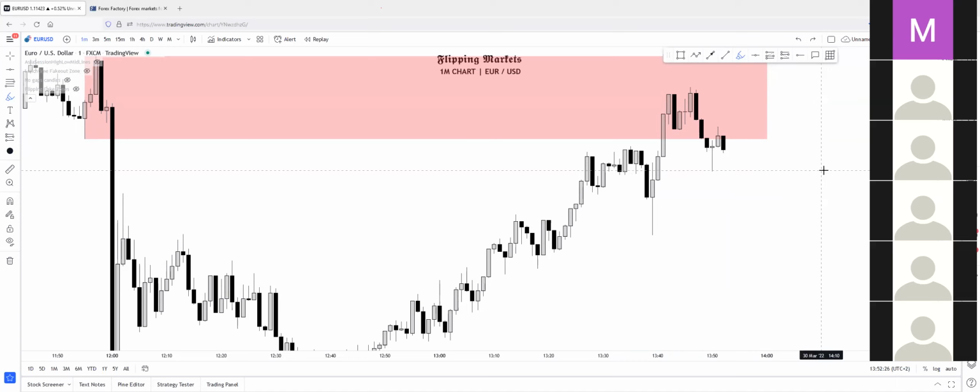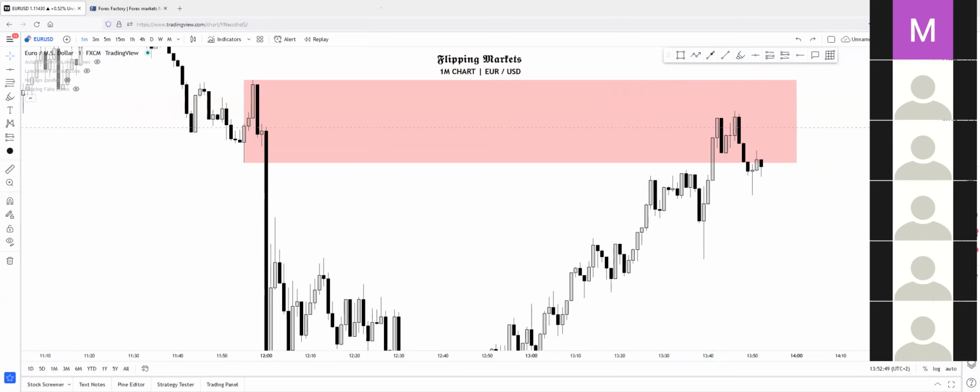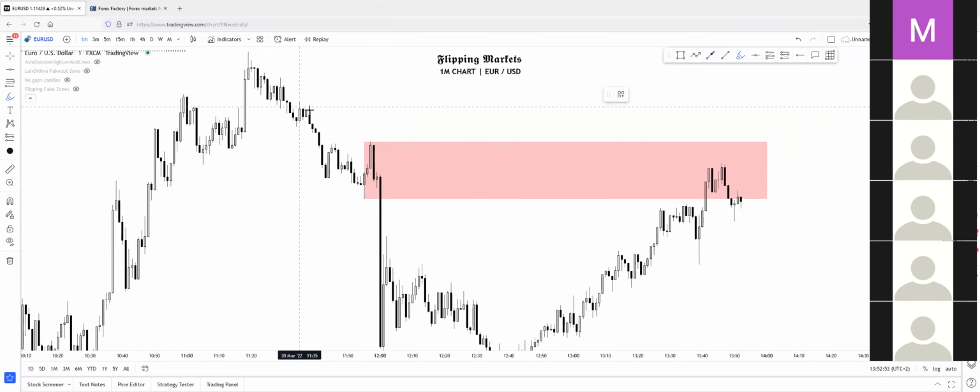Is that correct? You mean if these highs are broken, we are waiting for the buys? No, we aren't, because price is still inside of the 50-minute zone. You're not watching for long orders inside of a supply zone. Okay. When the supply zone is broken with the body, we find some way to get a long order. Is that correct? Yeah. Okay.